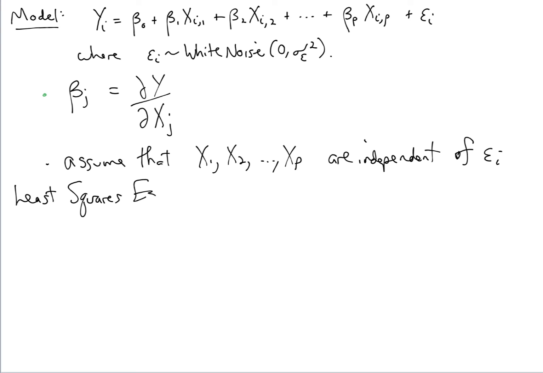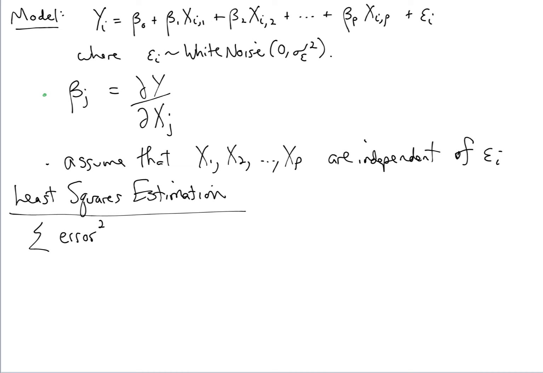And the way we do that is, as we did in the univariate case, using the technique of least squares estimation. Remember that the idea of least squares estimation was to sum over the square of the errors.